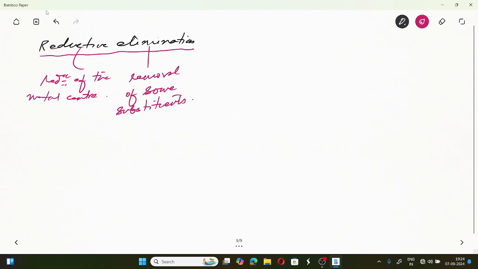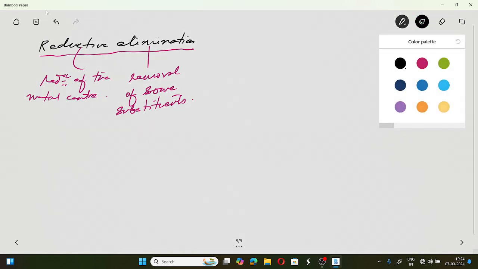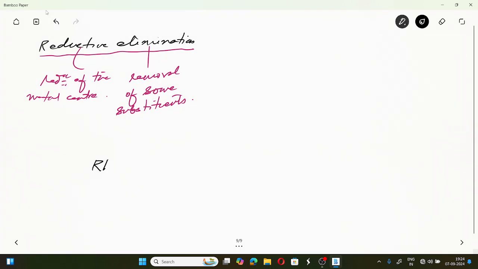See, suppose if I look at this complex Rh, H, CH3, COH, PPh3 whole thrice, এখানেও ধরো একটা PPh3 whole thrice and Cl.